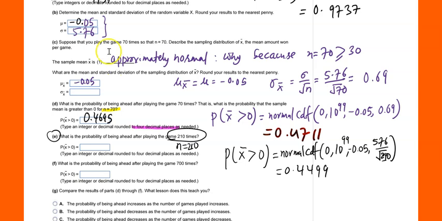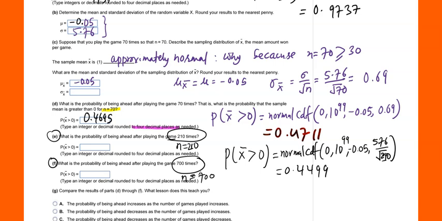Okay, part F, what is the probability of being ahead after playing 700 times? Now the number of times you play the game is going to increase. Here n equals 700. What's the probability?